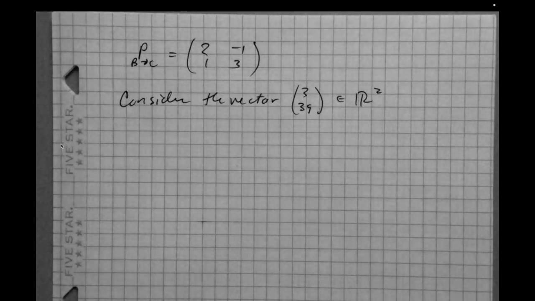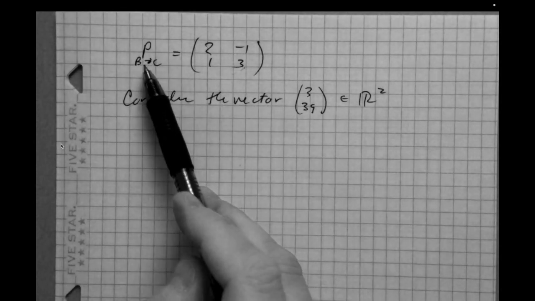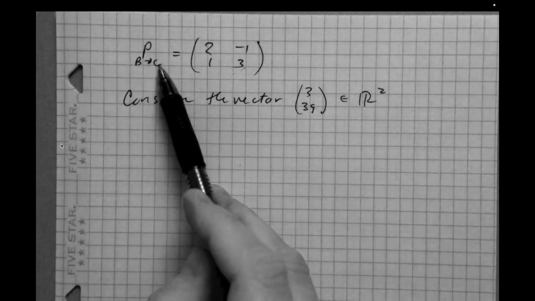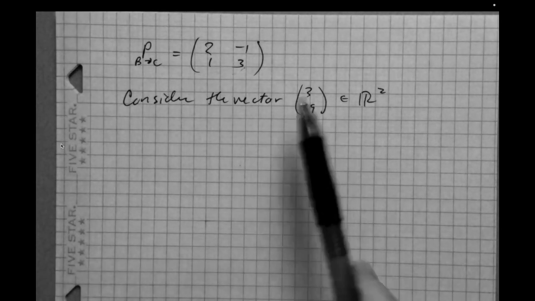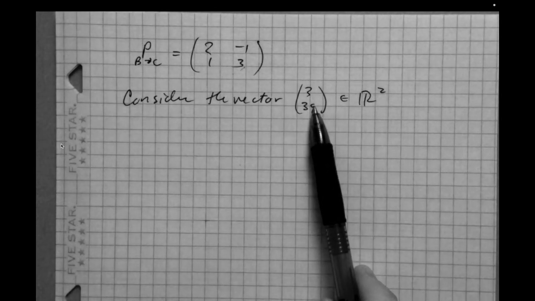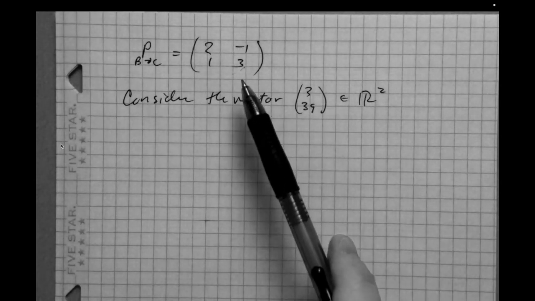So it's in the vector space. Well, it's in R2, and I've checked it's in both of the vector spaces spanned by B and C. So what we're trying to do is show that this transition matrix can be used to move from a coordinatization in B to a coordinatization in C by simply multiplying. Right, so what I want to do is take a random vector and coordinatize it separately and then show that the multiplication works.